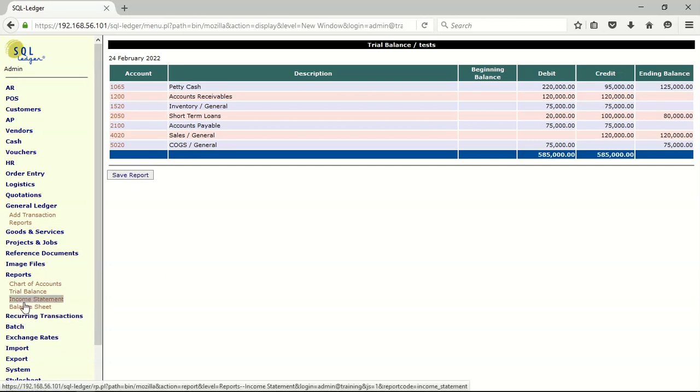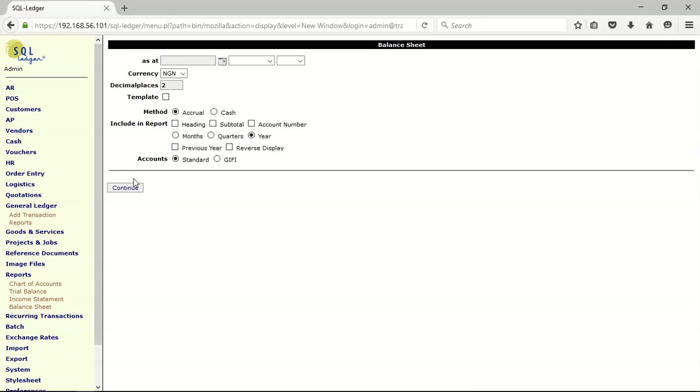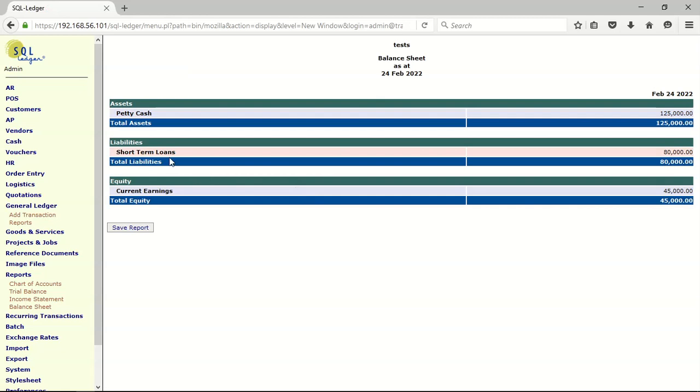And if where you go see am well well sef na balance sheet. If you go to balance sheet, you click and say continue, you fit come see say mama money wey dey in hand na 125. E dey owe loan of 80,000. The profit wey e get for the small trade wey e do na 45,000 naira. This fish business na better business o.